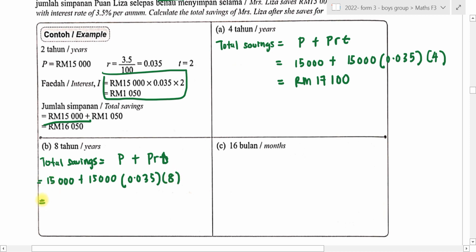How much is that? $19,200. 19,200 is the correct answer. Good. Okay, next is 16.